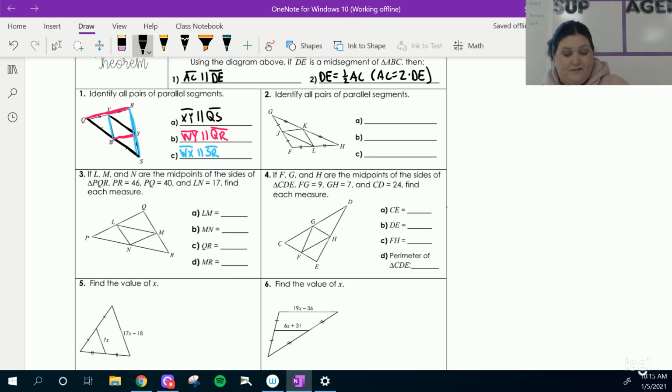Next one is very similar. It says identify all pairs of parallel segments. So we're going to start with JL is parallel to GH.